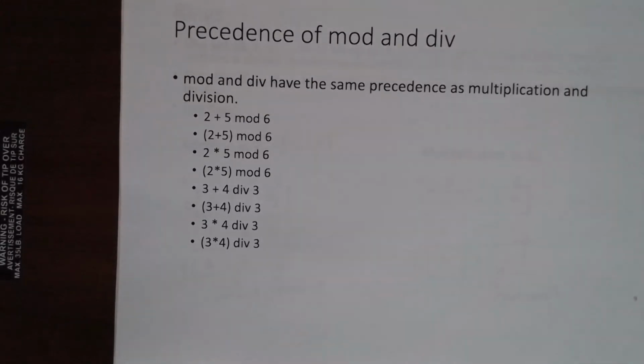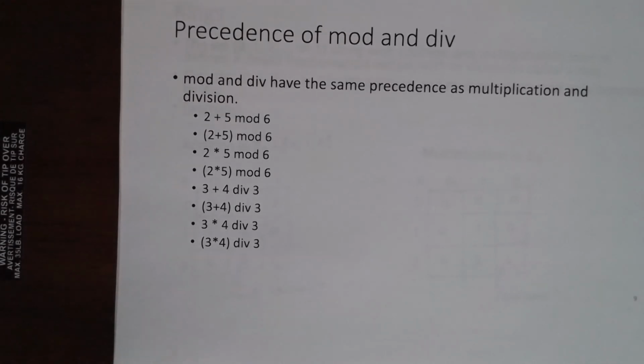So the precedence of the mod and div operators are exactly the same as the precedence of multiplication and division. If you've ever used the percent in programs that you've written, you've probably figured that out as well. Remember that multiplication and division have higher precedence than addition and subtraction.